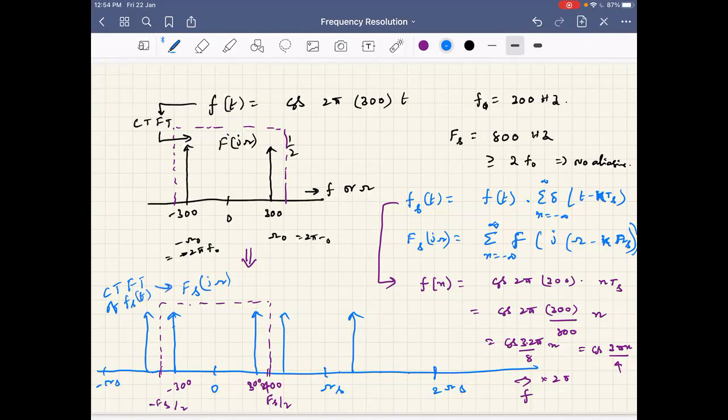Because the convolution happens, you are able to see this repeating. Fine, now let us see the relation between this and this.